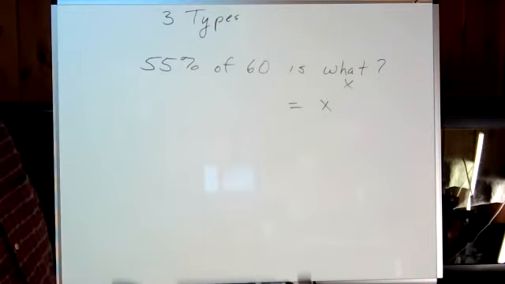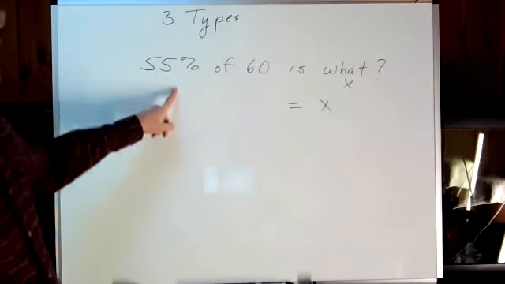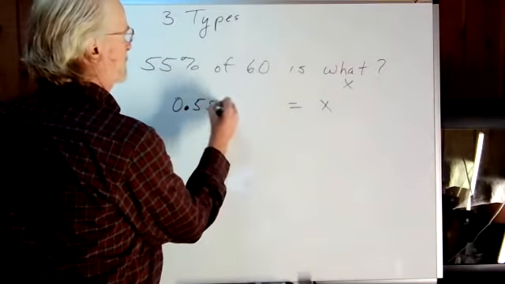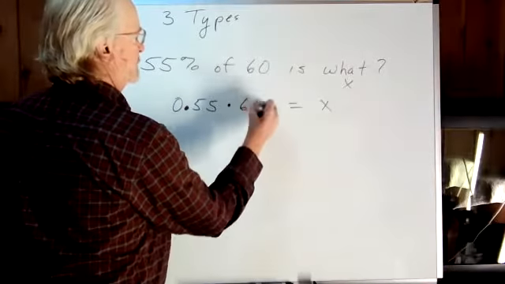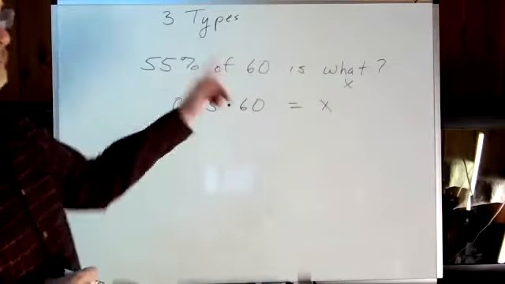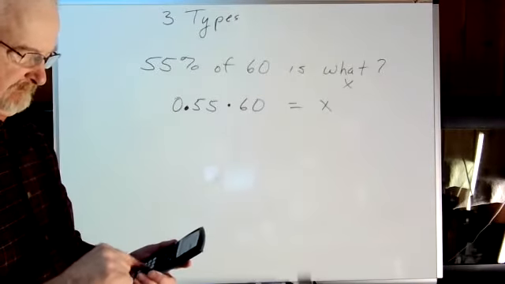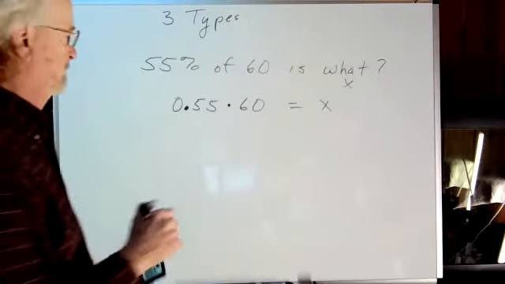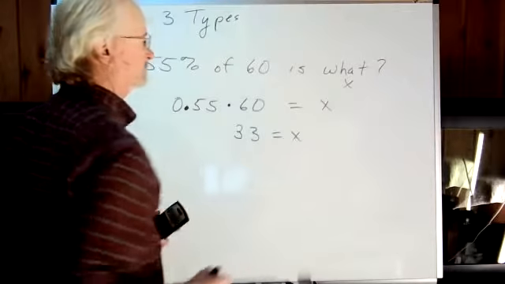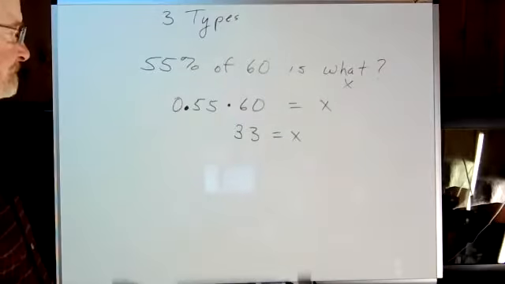All the work's going to be over here ready for us. 55%. Turn it to decimal. Times 60. 0.55 times 60. 32. A little more than half, huh?